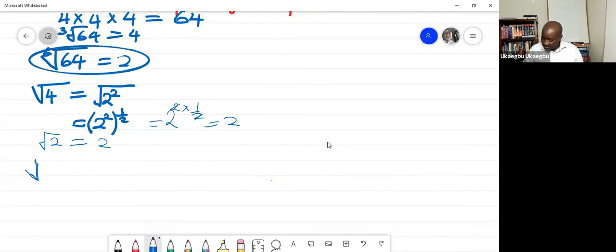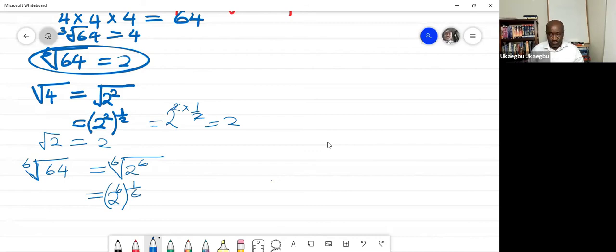This one is sixth root of 64. Sixth root of 64 can also be written as sixth root, then 64 is 2 raised to power 6. And 2 raised to power 6 can also be written as 2 raised to power 6 bracket 1 over 6.